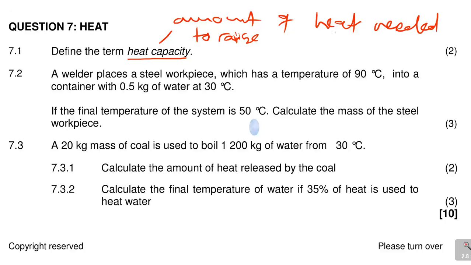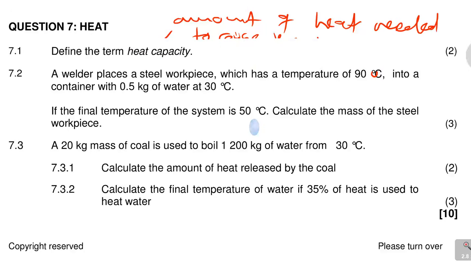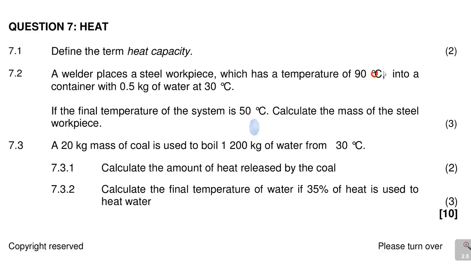So the heat capacity is the amount of heat needed to raise the temperature of the whole substance. Not just 1 kilogram of substance, but the amount of heat needed to raise the temperature of the whole substance by 1 degree Celsius. That's the heat capacity.